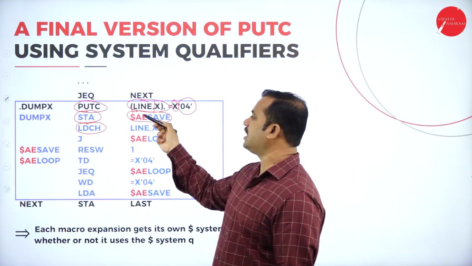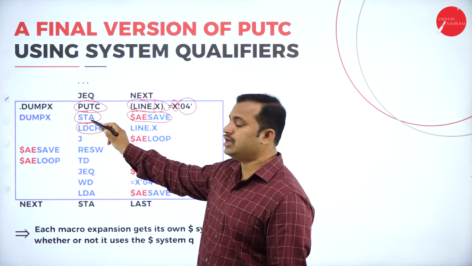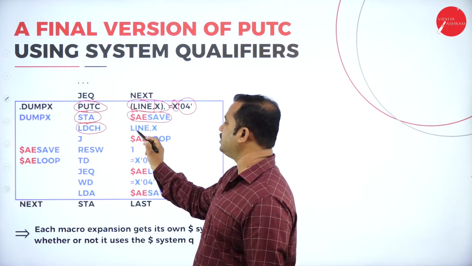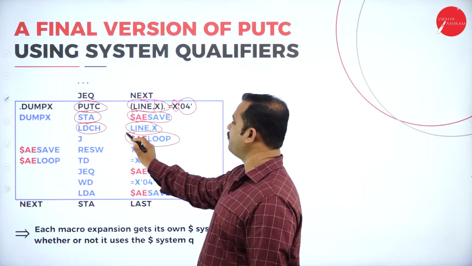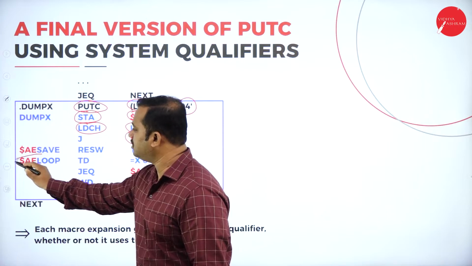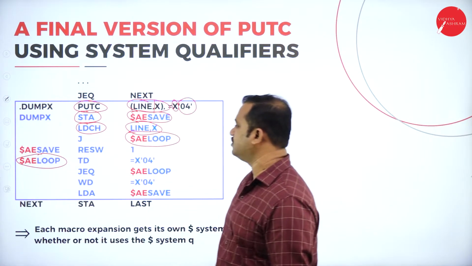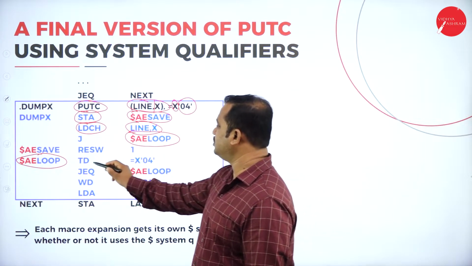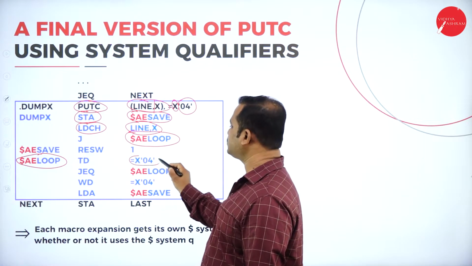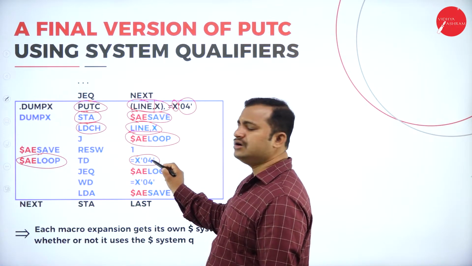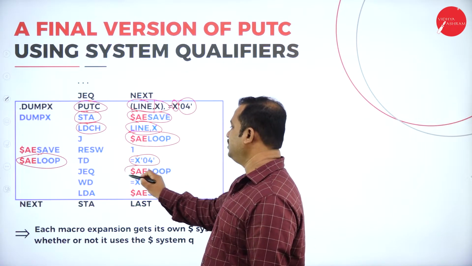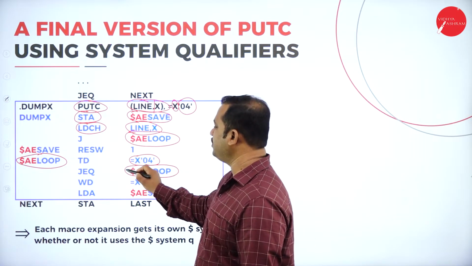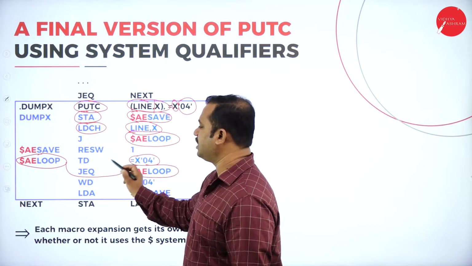Once it is stored into the accumulator, we are going to load it into X. Then the AE loop. Where do we have the AE loop here? Here I have the AE loop. Then when it comes to this statement, it receives one of the characters from the device identified by 04. Then through the AE loop, it is transferred to this statement again.